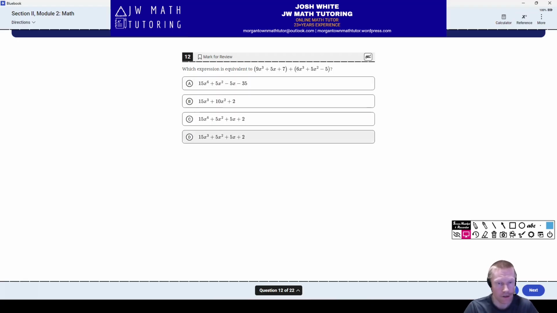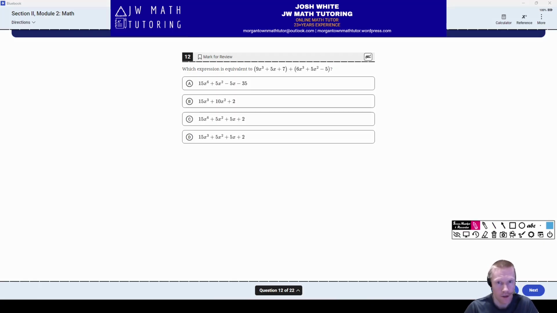All right. Same exact thing. You could use the same Desmos approach that I just used on the last problem, where you type in the original, you type in each answer choice, and then you see, do the graphs exactly overlap? Okay. However, I'm going to do this one just by hand.